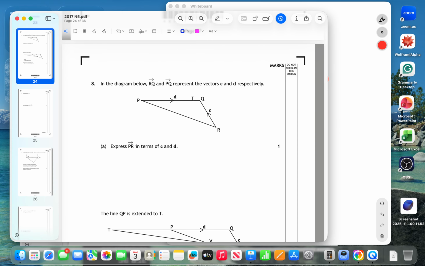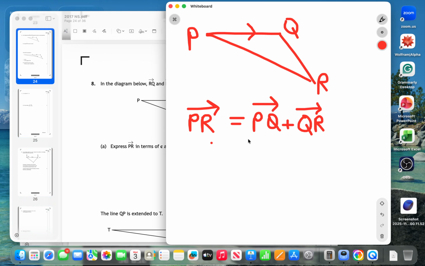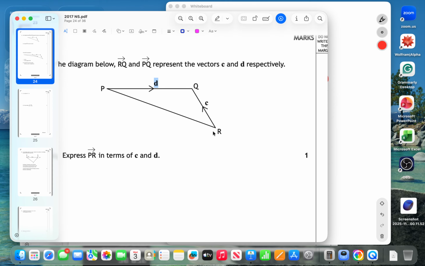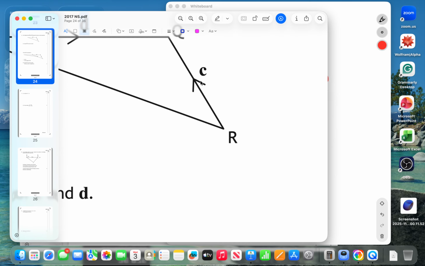So anyway, we know PQ and D is going in the direction of PQ. Now, if you have a look, C is going in the direction of RQ. Have a look at the arrow.